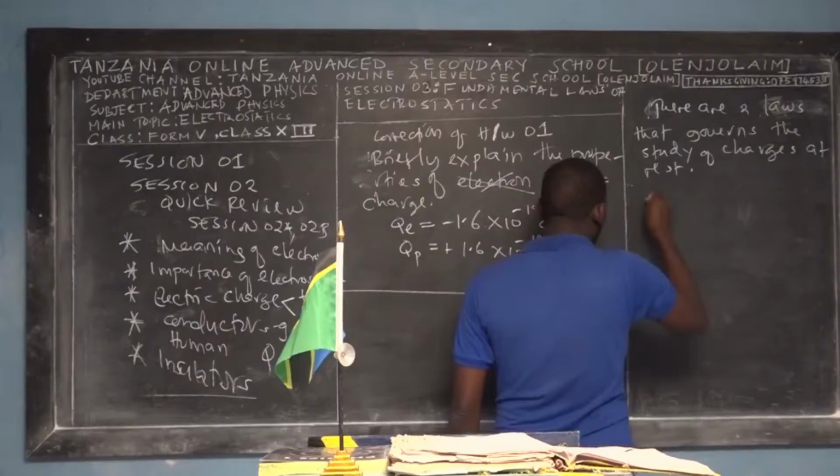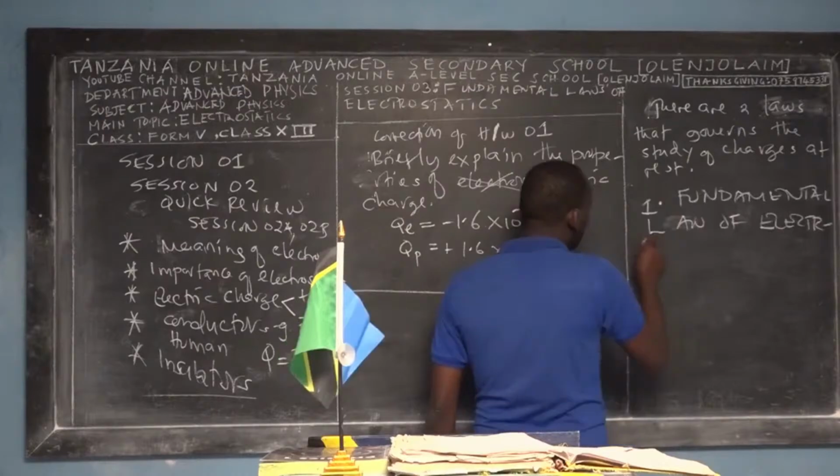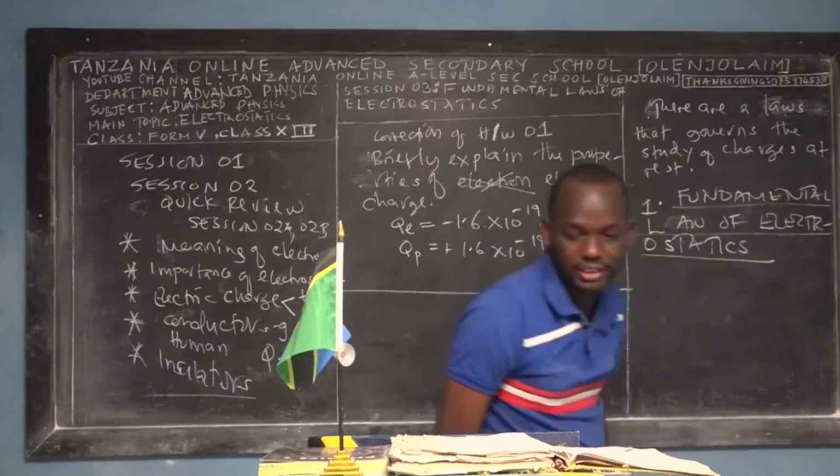The first one is called the fundamental law of electrostatics. That's the first law. This is the oldest thing. You know it because you covered this law during your O-level studies. And it's not difficult to state.